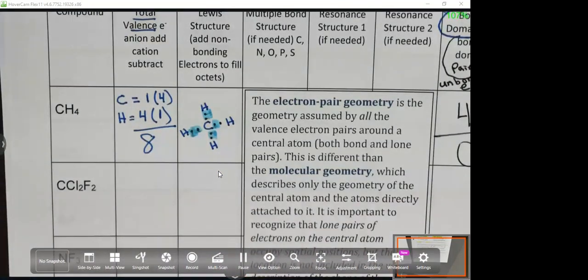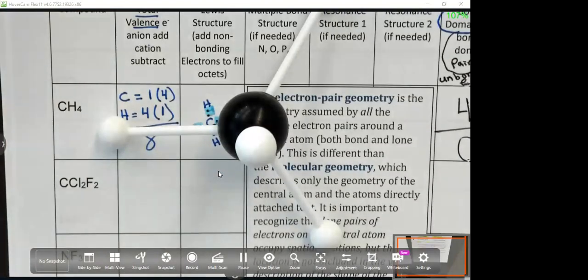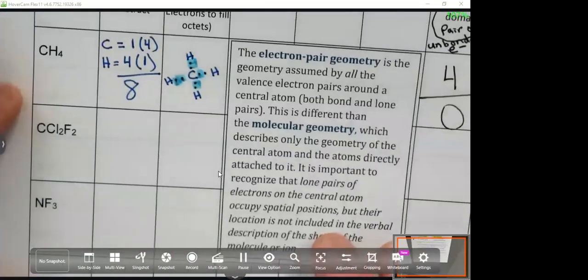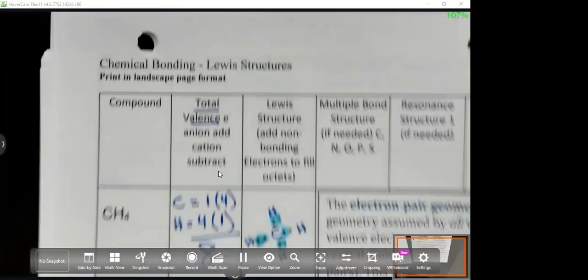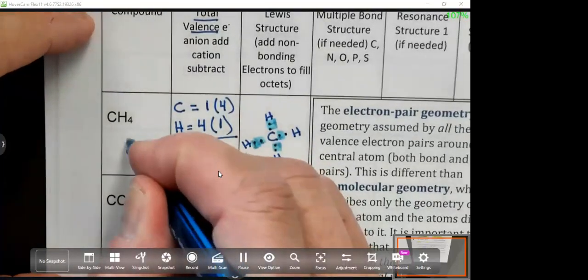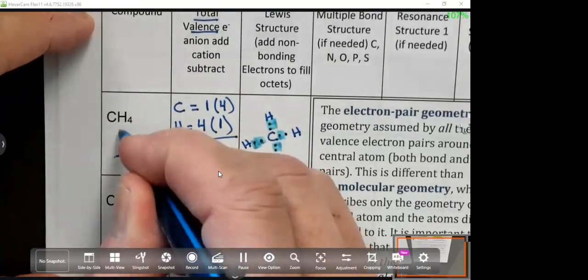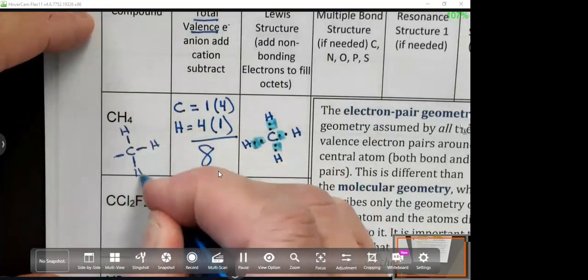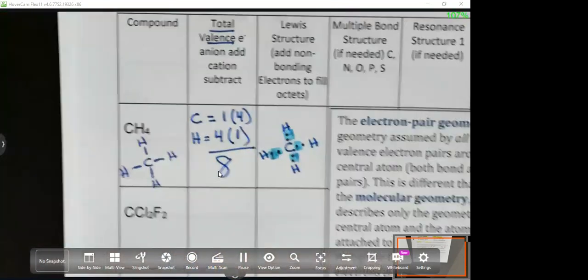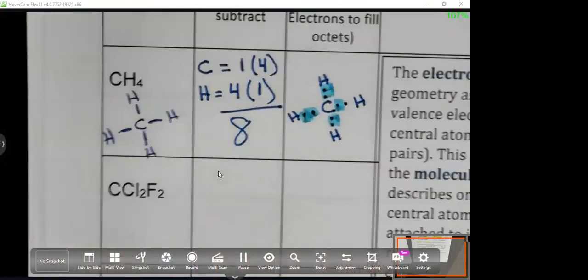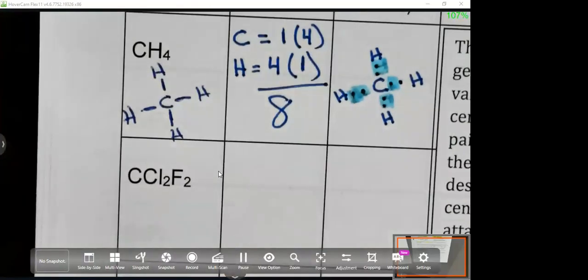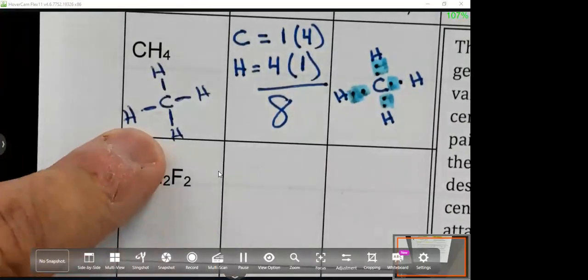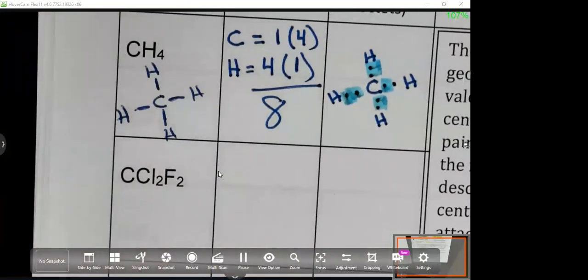CH4 on a piece of paper, if I draw this out, you'll see it drawn like this, where it looks like your bond angles here are 90 degrees. But you're looking at this rendition on two-dimensional paper. CH4 is really this.